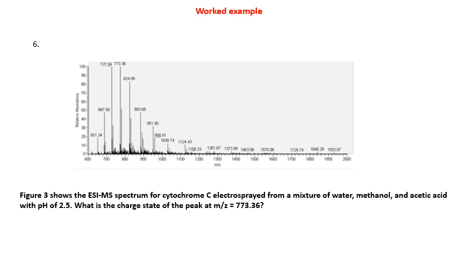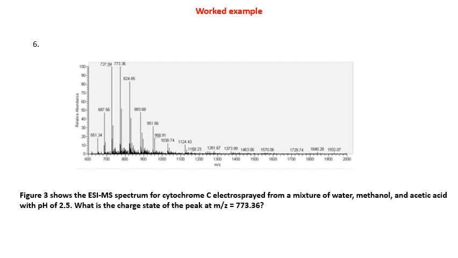For the charge state calculation, you take the m/z value given over here, 773.36, and subtract the adducted proton mass, 1.036, divided by m1 minus m2, two successive mass values like 773.36 and 727.94.